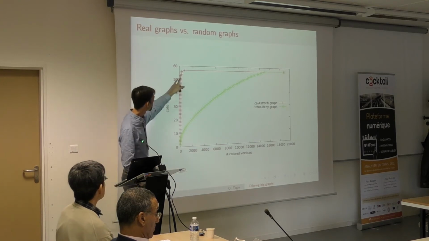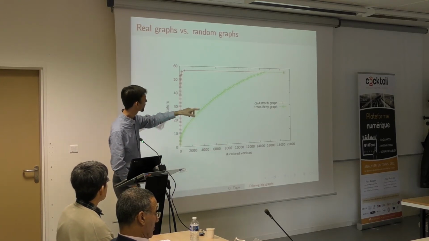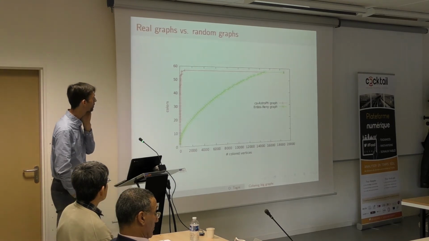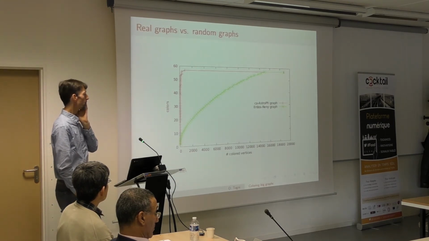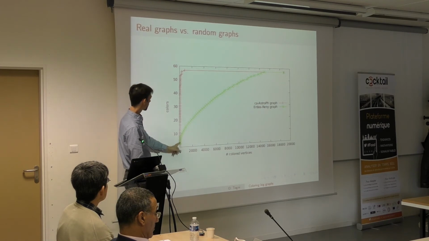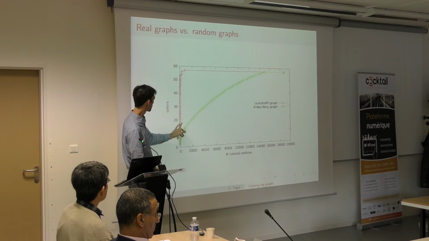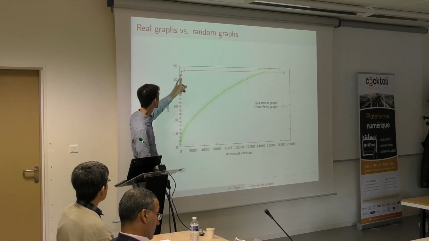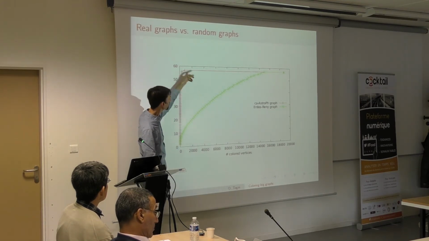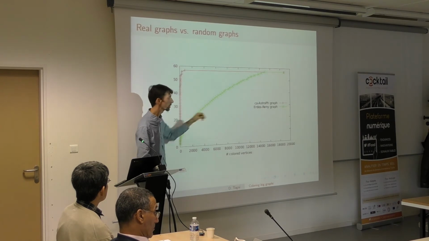So in red, you have a real graph, which is a collaboration network between astrophysicians. And we see that the number of colors increases a lot at the beginning. So DSAT-ratio has to use more and more colors. And then it is quite constant after for all the rest of the graph.